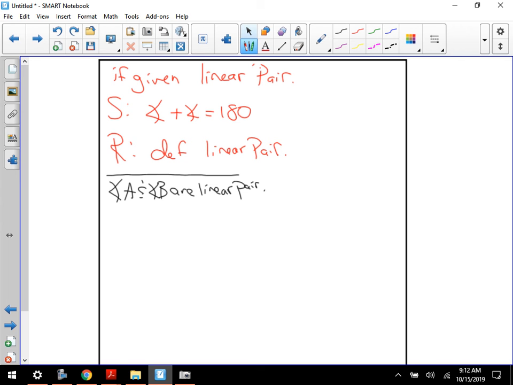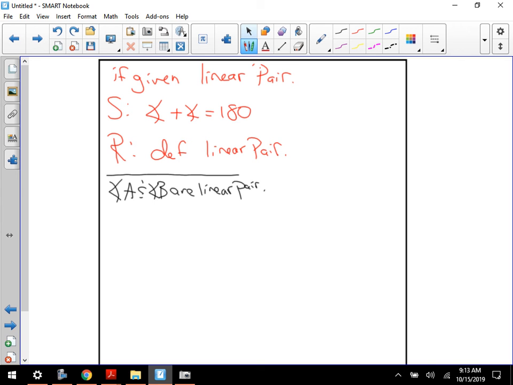And the downfall is sometimes with proofs, especially with angles, angles are not always used with just one letter, or angle 1 or angle 2. A lot of times angles have 3 letters, and they can get kind of messy. It's not any more difficult, it's just there are 3 letters that make up an angle.